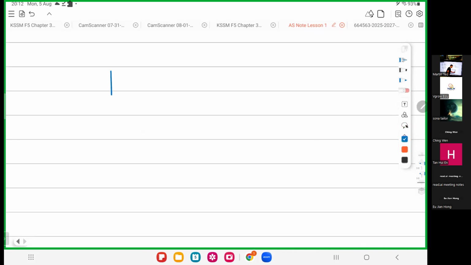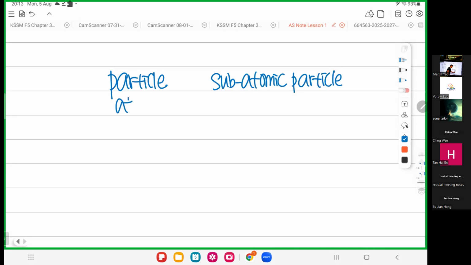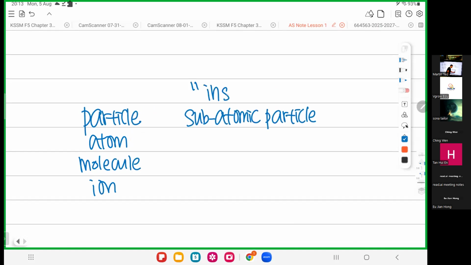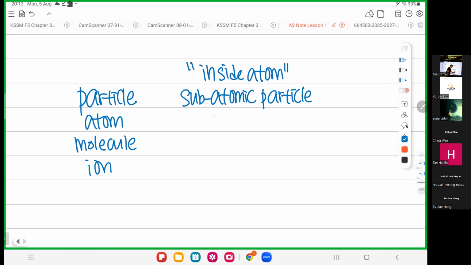That's why you must be able to differentiate particle and subatomic particle. Particle refers to your atom, your molecule, as well as your ion. A subatomic particle is something inside the atom, which is proton, neutron, and electron.